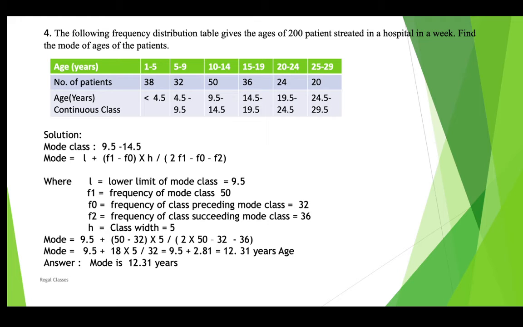The following frequency distribution gives the ages of 200 patients treated in a hospital in a week. Find the mode of the ages of the patients.